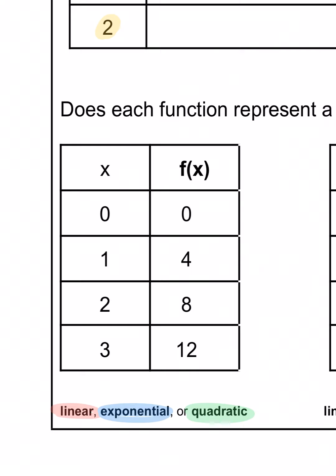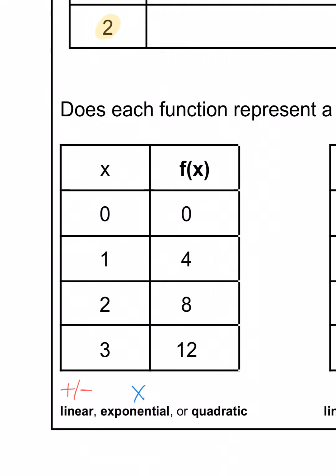When we have a linear function, we have repeated addition or subtraction. When we have exponential, we have repeated multiplication. Quadratic doesn't have either of those, but what it does have is a common second change, and I'll show you what that means in a second.